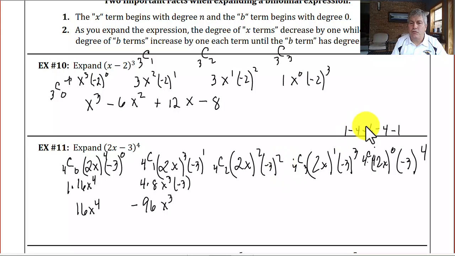Combination of 4 choose 2 is 6, so our coefficient is 6 times 4x squared times negative 3 squared, which is 9. Multiplying all that together, we get a positive 216x squared.